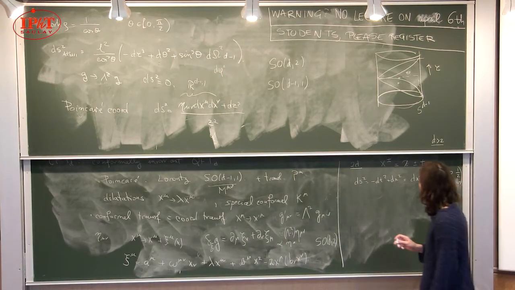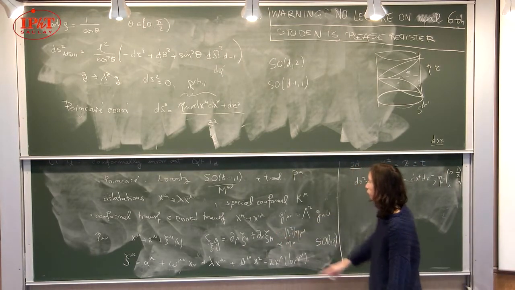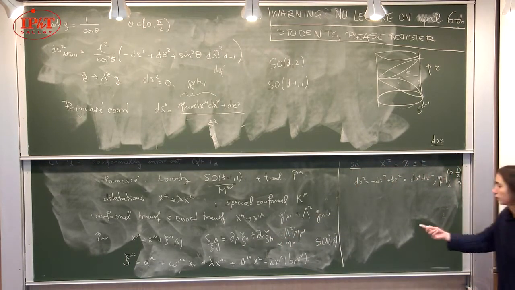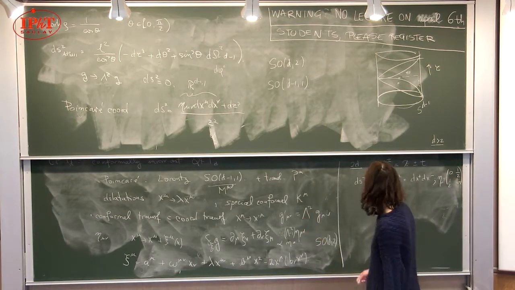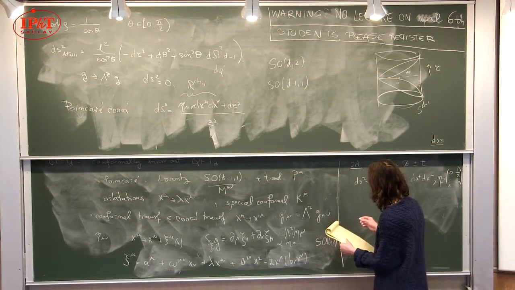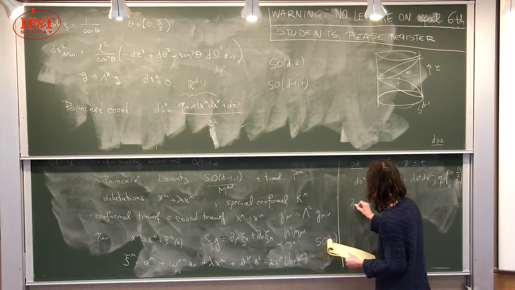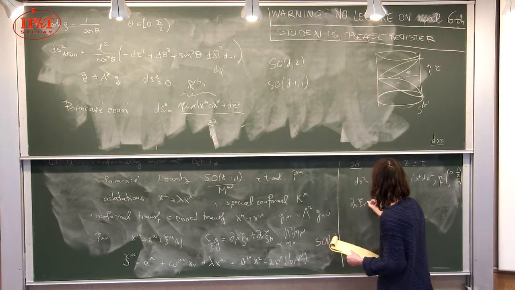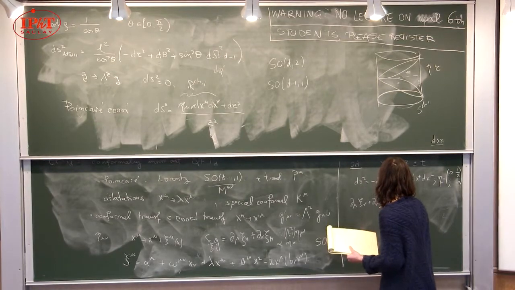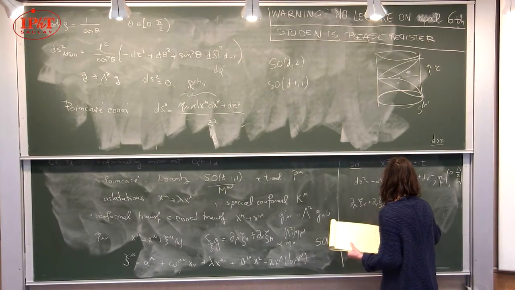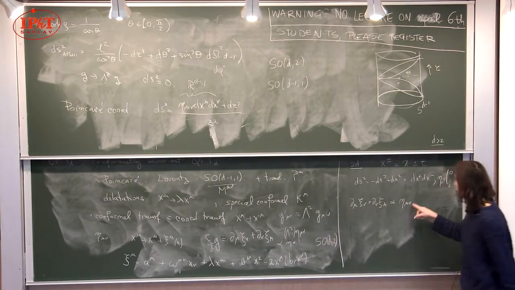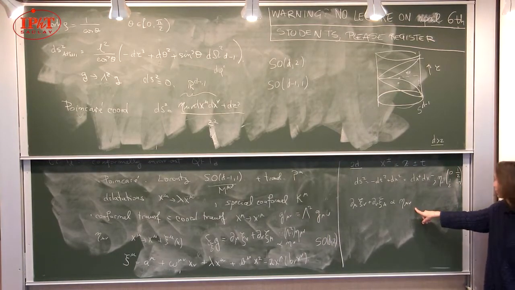So if I try to solve for the conformal, what are the allowed conformal transformations of the metric? I solve d mu xi nu plus d nu xi mu is proportional to eta mu nu, but eta mu nu only has a plus minus component, right?